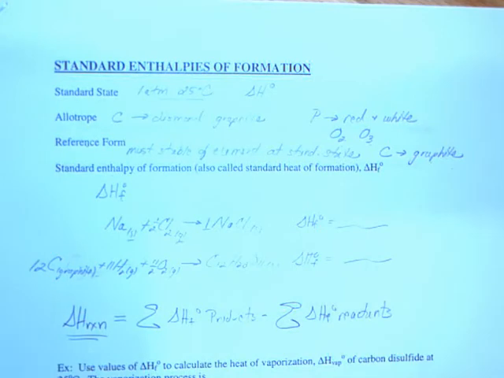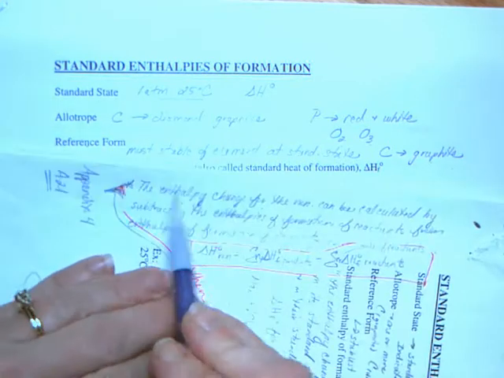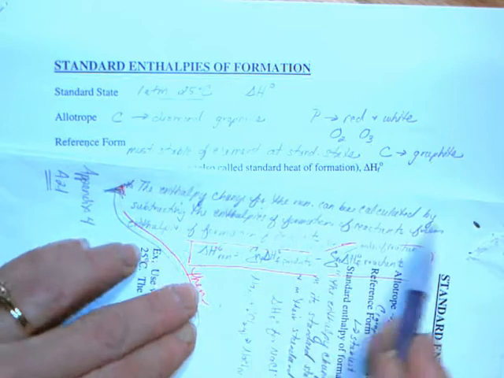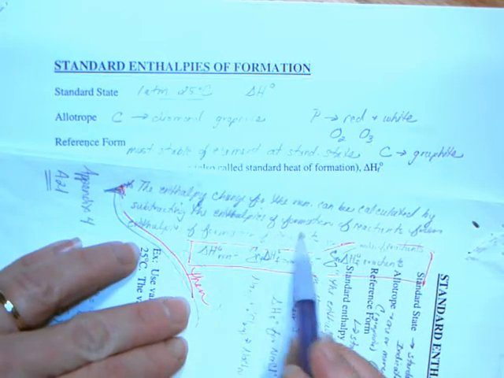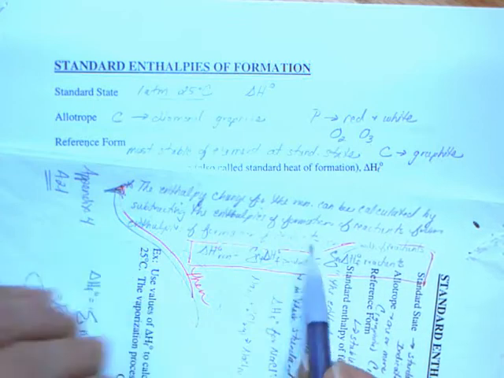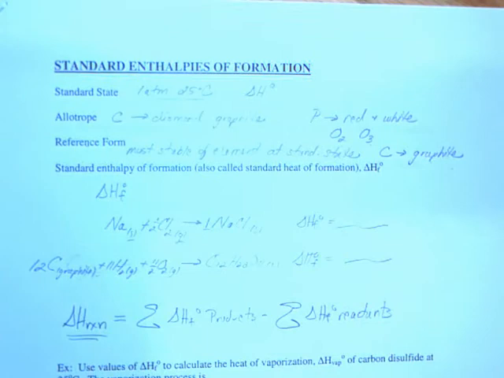If I can read specifically for you from your textbook, the enthalpy change for the reaction can be calculated by subtracting the enthalpies of formation of reactants from the enthalpy of formation of products. And the derivation of this is found within your book.